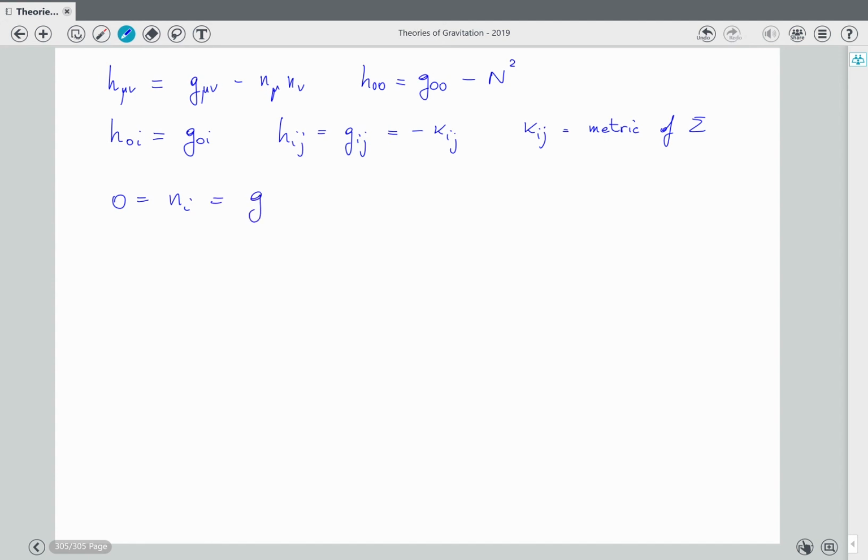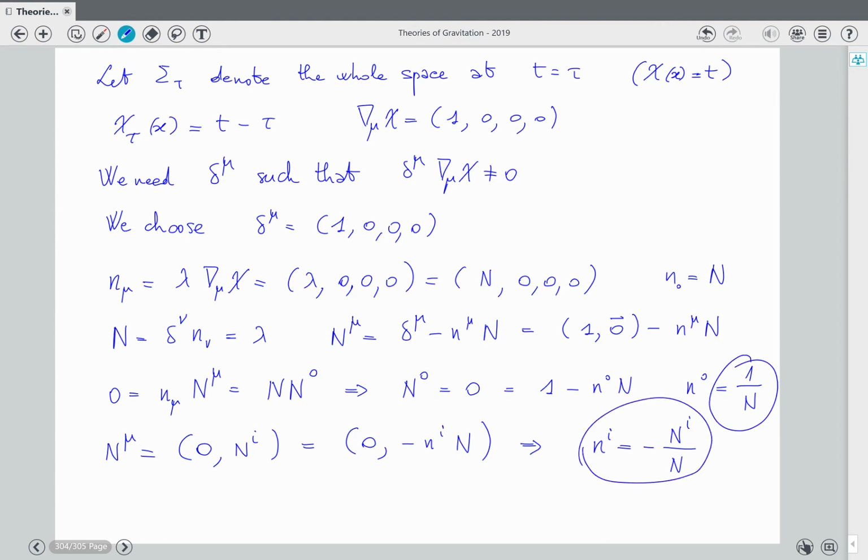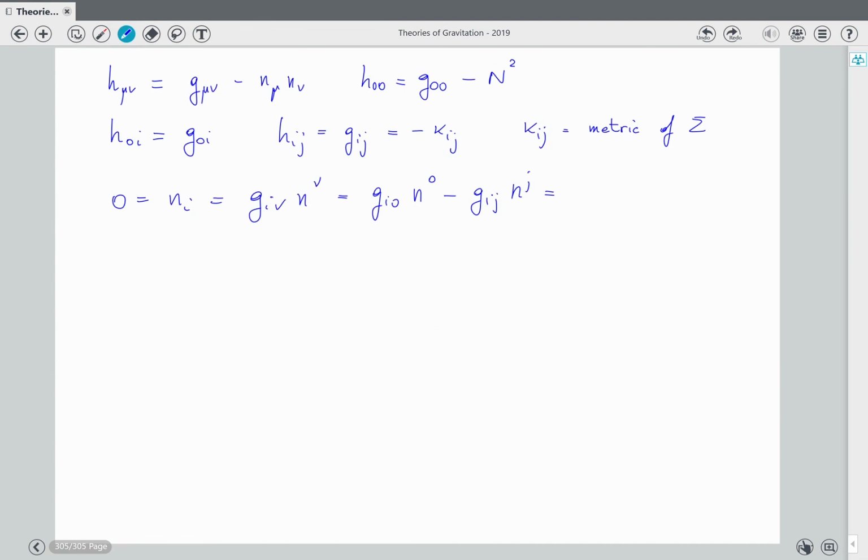But that is equal to g_{iν} n^ν, and that is g_{i0} n^0 minus g_{ij} n^j. n^0 with the upper index is 1 over N, n^i is minus N^i divided by N. When we replace that, we have 1 over N (g_{i0} minus g_{ij} N^j), or g_{ij} is equal to h_{ij} or minus κ_{ij}. This is h.